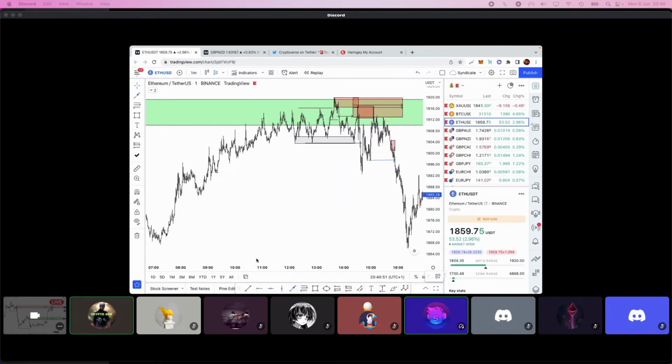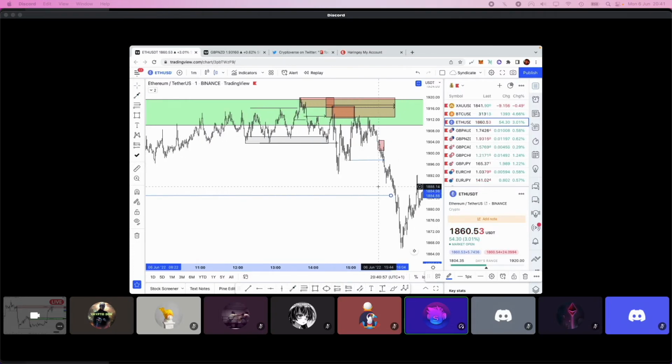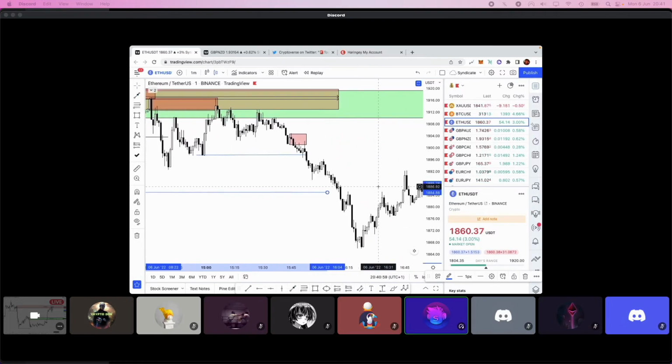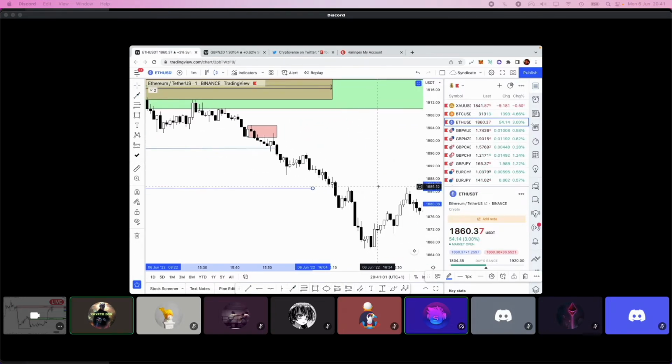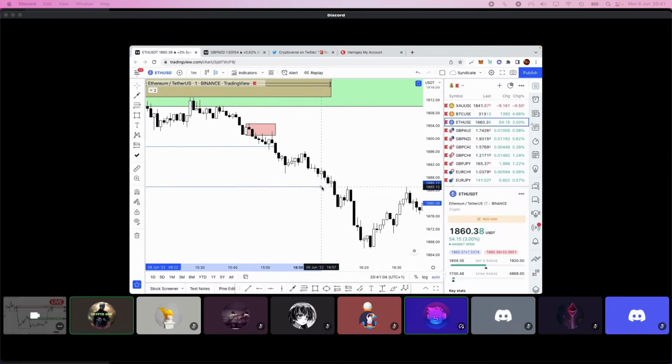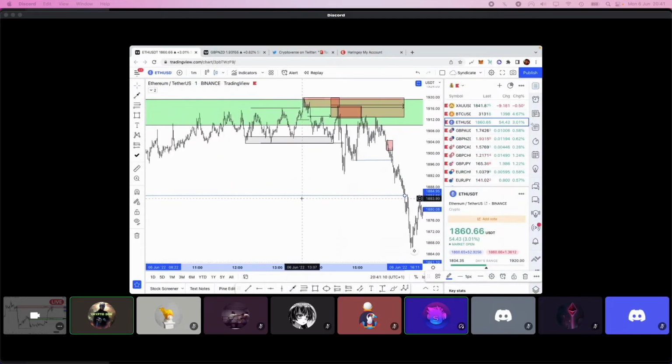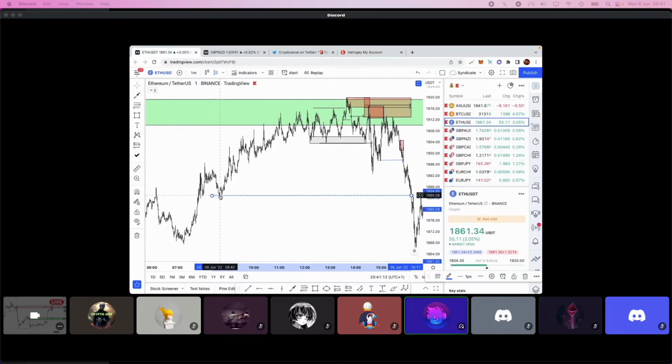And then from here, if we look to the left, structural points, when they get broken, you can always expect some type of pullback into another order block. And they'll create their little order blocks, like here. Yeah, that was the structural point here, isn't it? Yeah, this last low here, lower time frame structure.